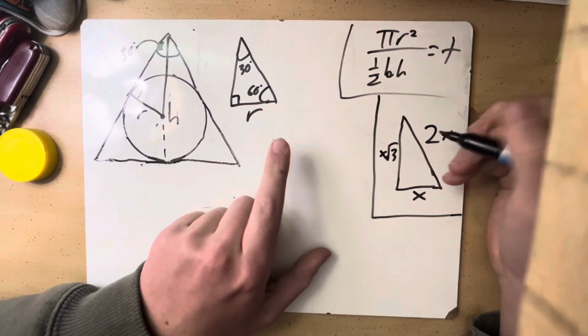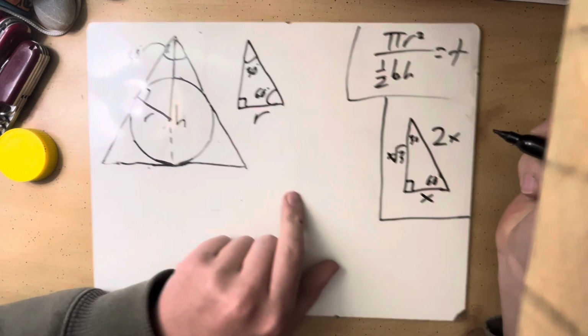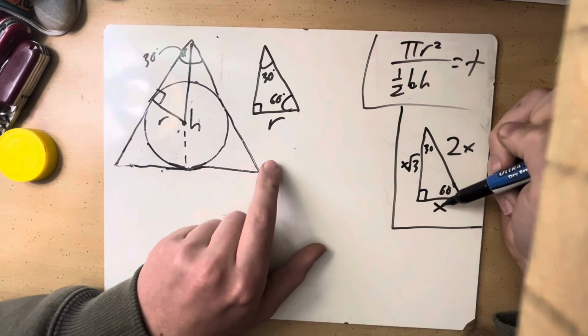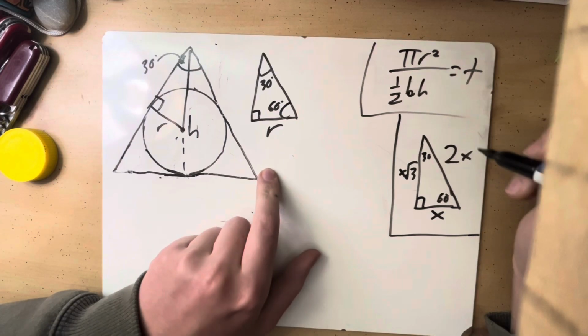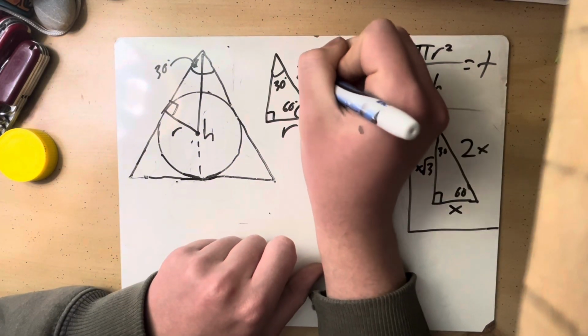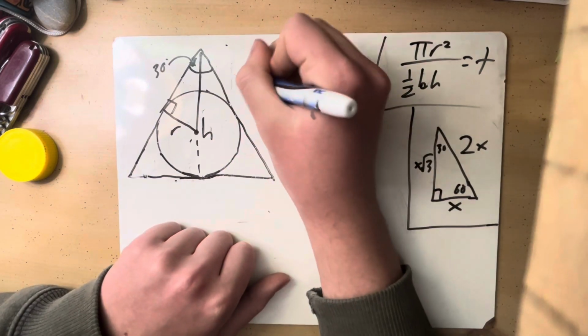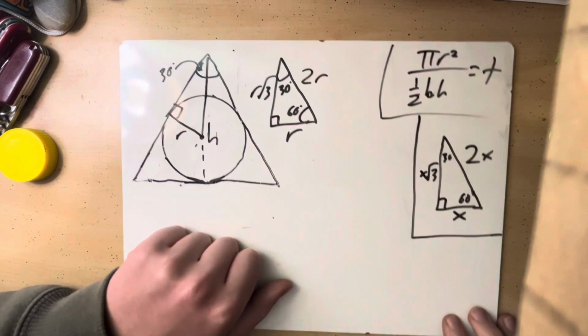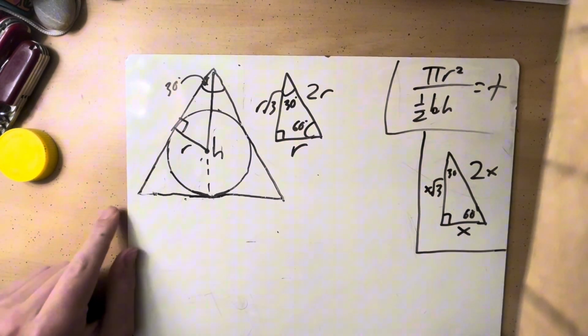So we can use that up here. We know what the little side is, and we know that the hypotenuse will always be 2 times this little side. So this is 2r. And the medium side will be r times the square root of 3. So that's a really cool way that we just used 30, 60, 90 triangles.